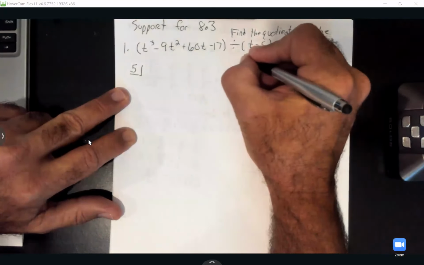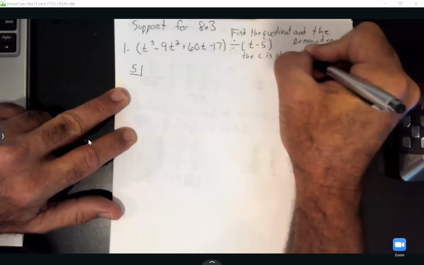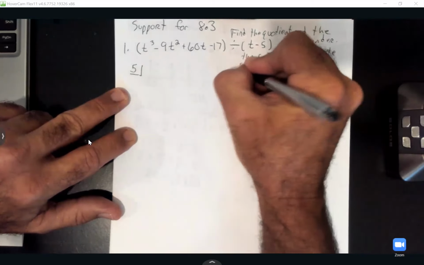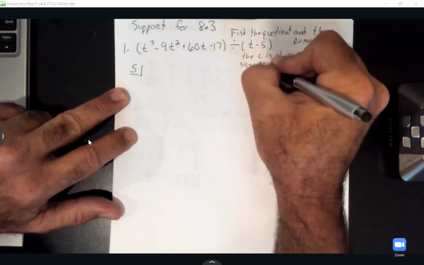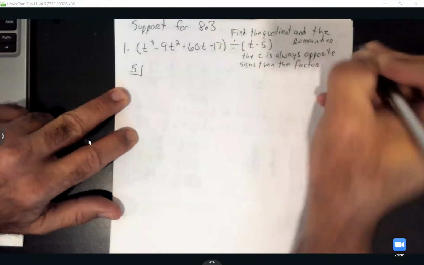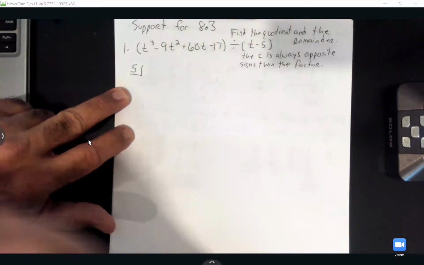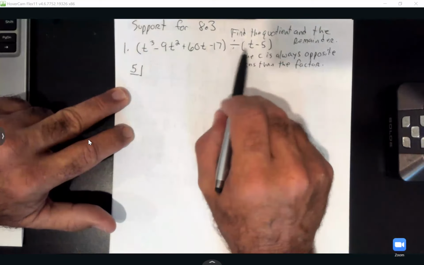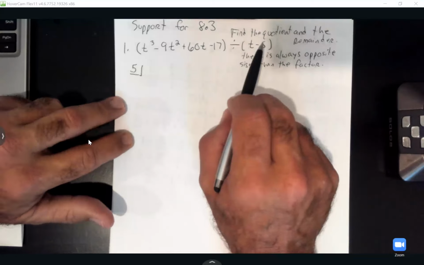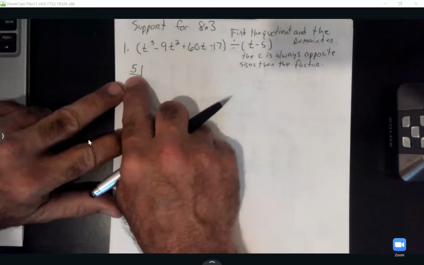So remember, the C is always opposite signs than the factor. See, when we did it a while ago, finding function values and checking to see if numbers were zeros, they weren't in factor form. But we've been learning anytime we got factors, the actual zeros were opposite in sign than these factors, okay? So the C has to be positive 5.